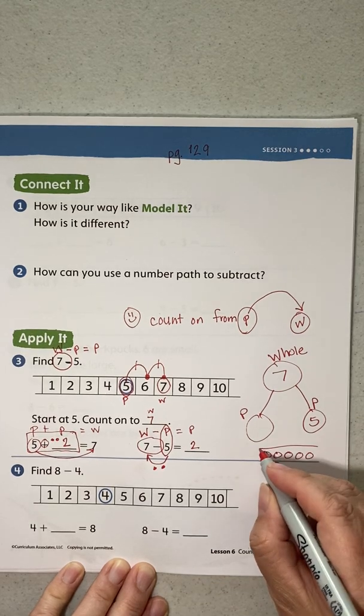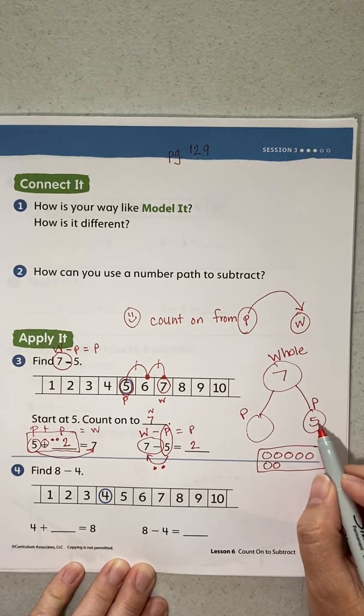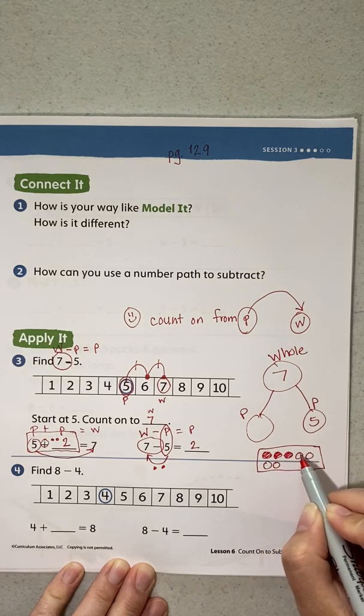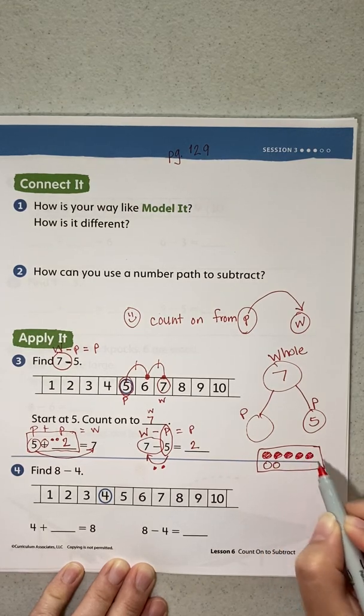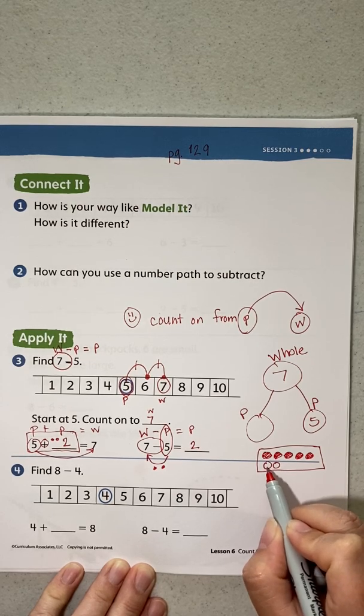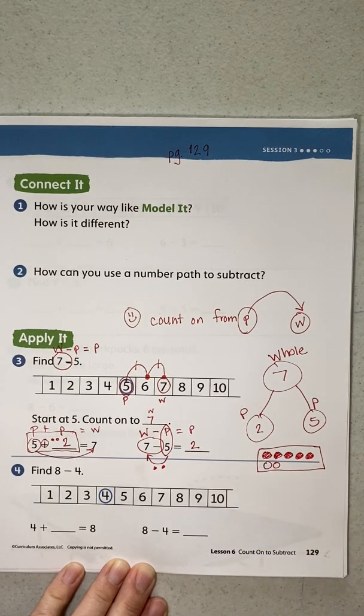That's all of them together. It's not going to get greater than the number 7. 5 is the part we know, so I'm going to color in 5. 1, 2, 3, 4, 5. The part we did not know is what is left over. 1, 2.